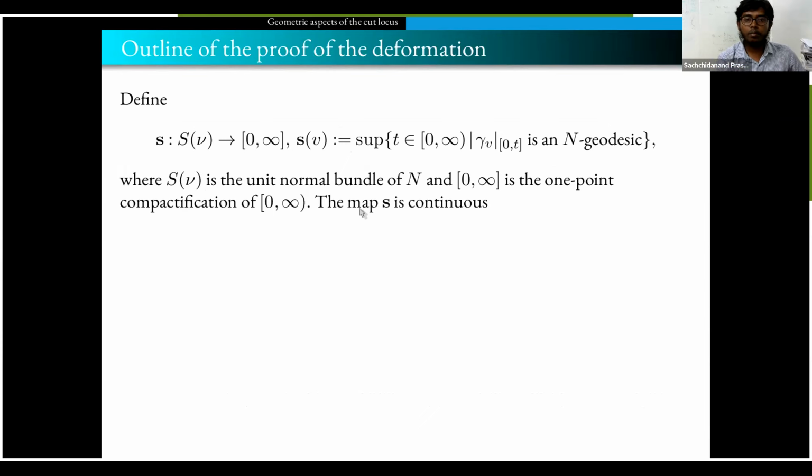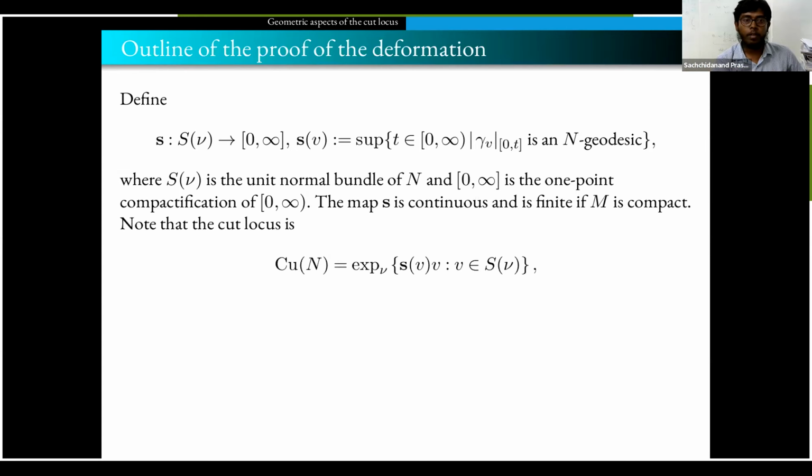And the map S is continuous, and it is finite if M is compact. So this continuity is not a trivial fact. For showing that continuity, one needs something called focal points and conjugate points.